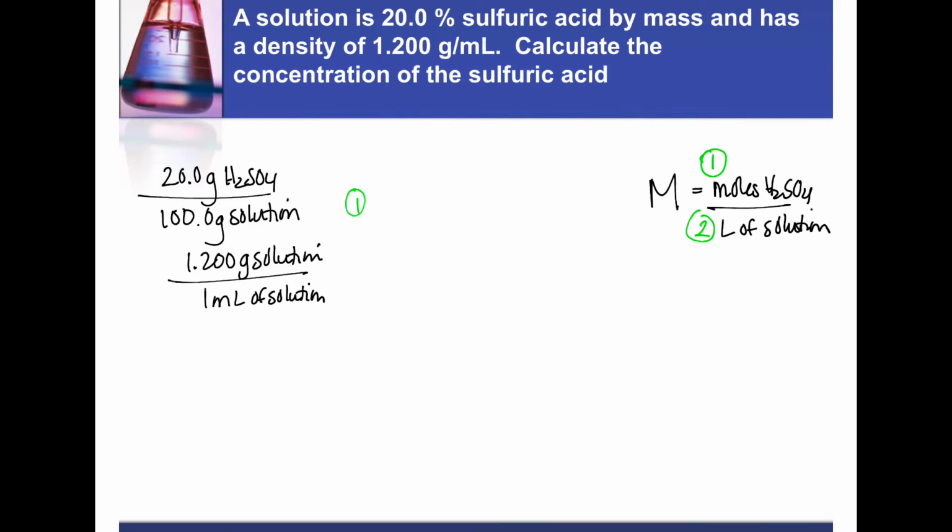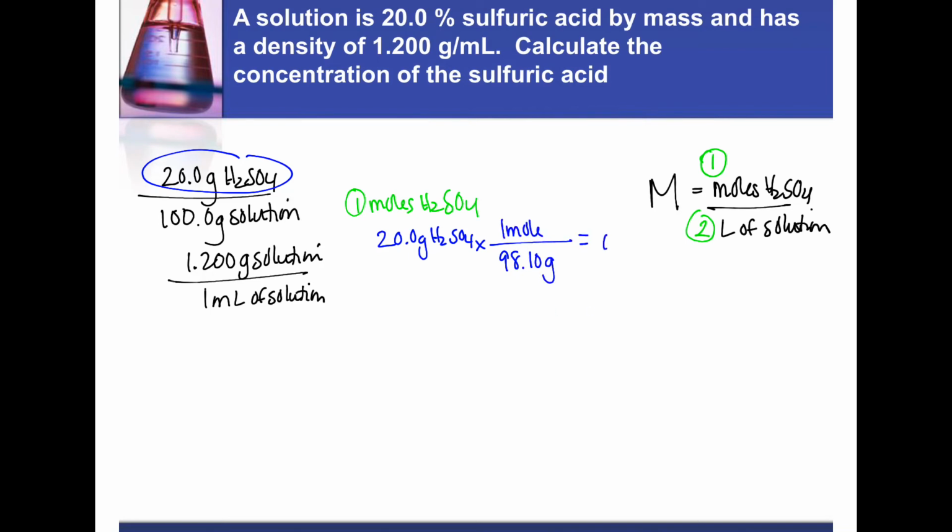So to find the moles of sulfuric acid, I'm going to use my mass percent, and I'm going to use this 20 grams of sulfuric acid. To get to moles, I would use the molar mass. The molar mass is 98.10 grams per 1 mole.